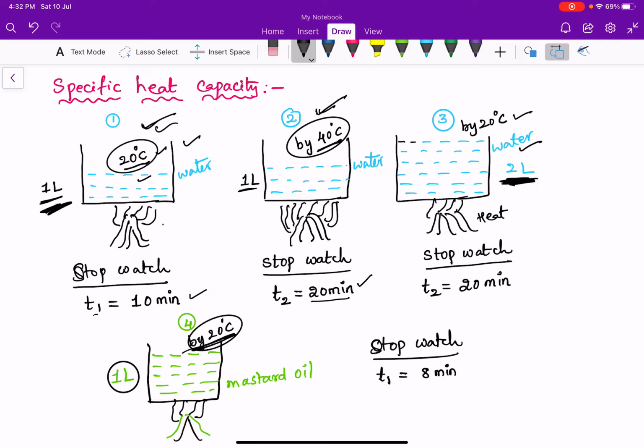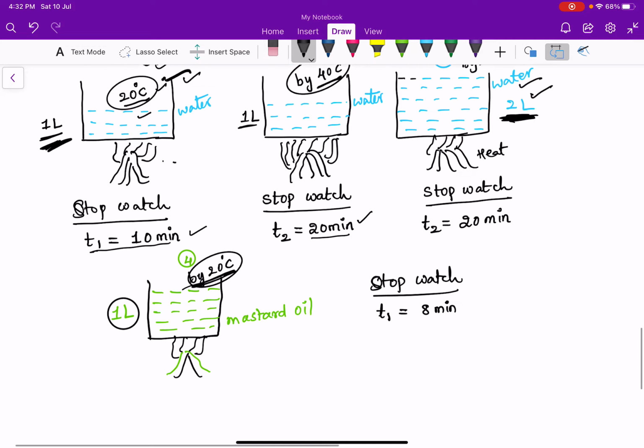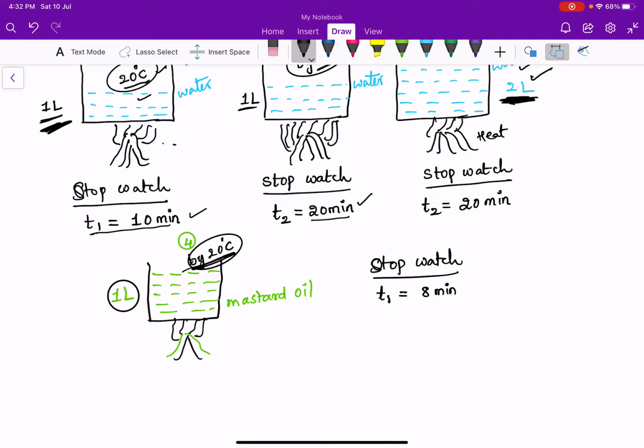That means the amount of heat energy supplied to the system depends on change in temperature, and the amount of heat energy supplied also depends on amount of substance. And in fourth case, the amount of heat energy supplied to the system depends on nature of the material also.